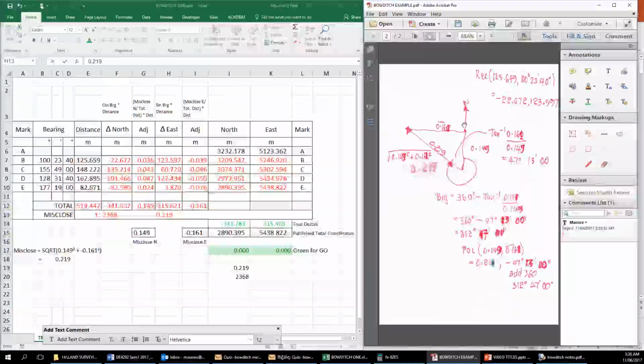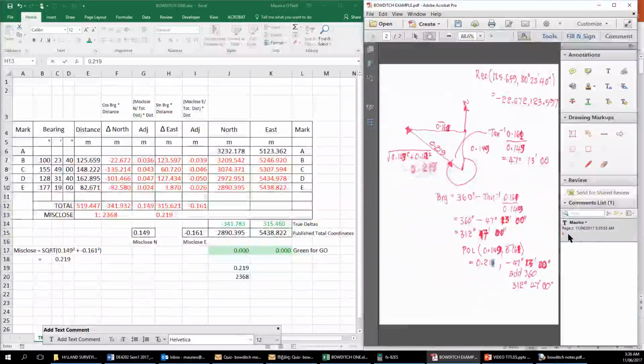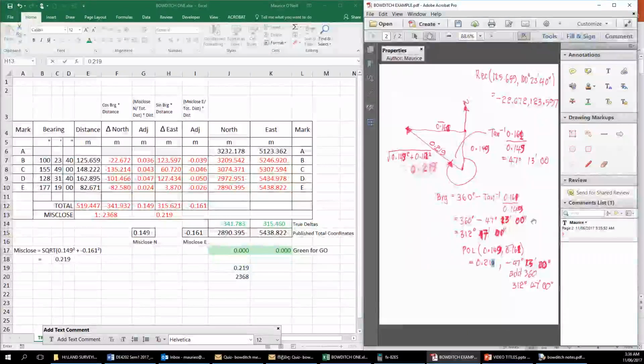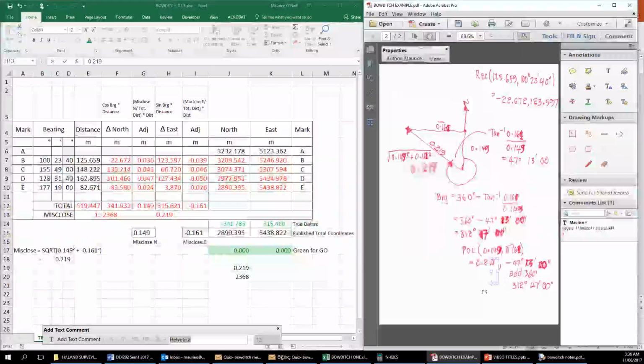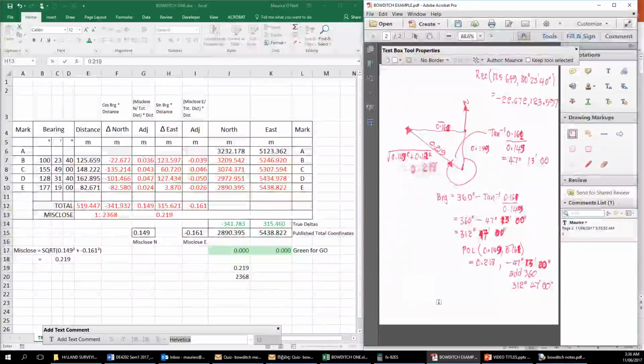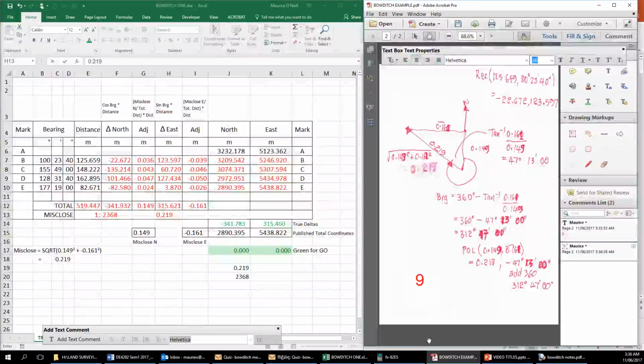I wanted to make that a bit bigger. That doesn't seem to want to let me. Won't let me make it bigger. I'll try another, add a text box here. 9.